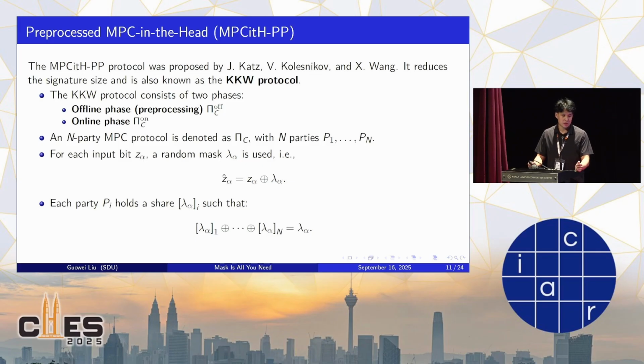For each input bit c_alpha, a random mask bit lambda_alpha is used, so that c-hat_alpha equals c_alpha XOR lambda_alpha. Each party P_i holds a share lambda_alpha^i, and by these rules, the sum of lambda_alpha^1 up to lambda_alpha^n equals lambda_alpha. Here lambda_alpha^i means the shares, and lambda_alpha means the mask.